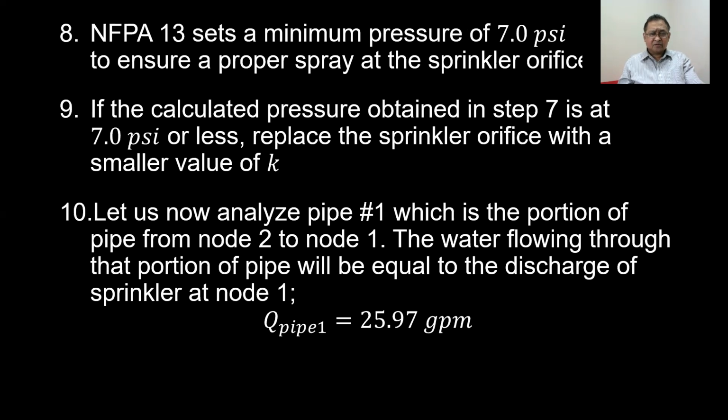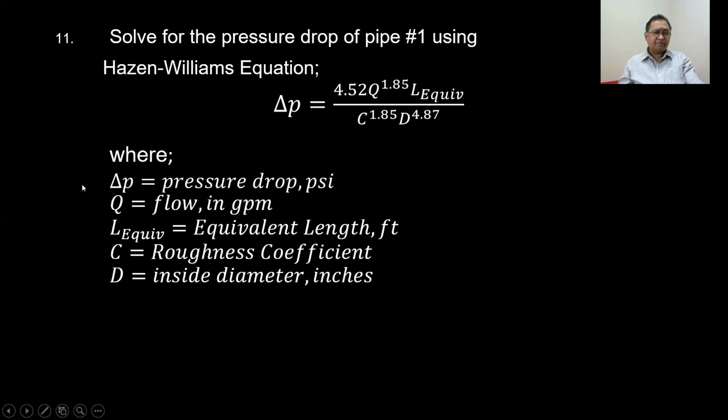The water flowing through the portion of pipe will be equal to the discharge of the sprinkler at node number 1. So Q of pipe number 1 will be 25.97 GPM. And we are going to solve for the pressure drop of pipe number 1 using the Hazen-Williams equation as shown.